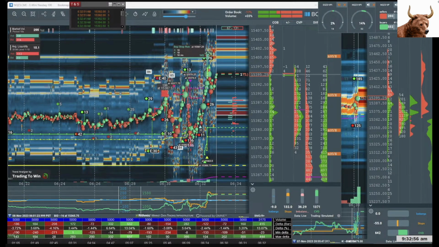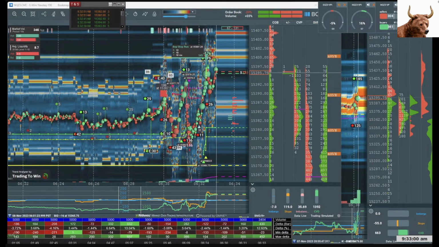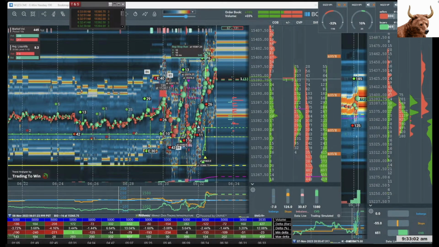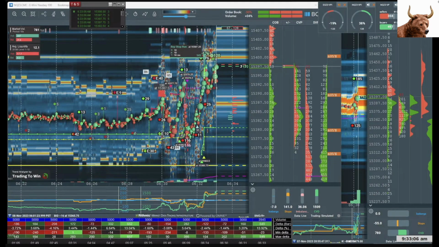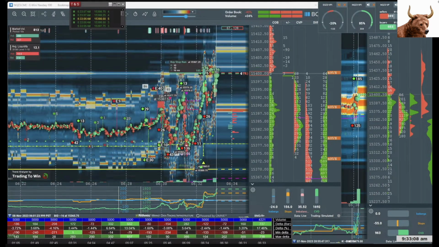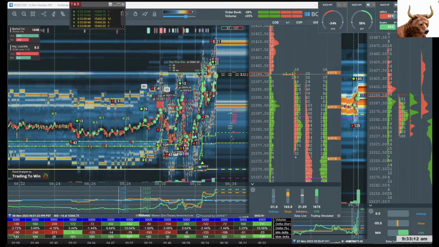We're at 1395 currently, testing 38 or 98, and then below, which the bidders are pushing up on. CVD is heavy green. So right now, boatloads of market orders to buy. So we're going to let that settle down.